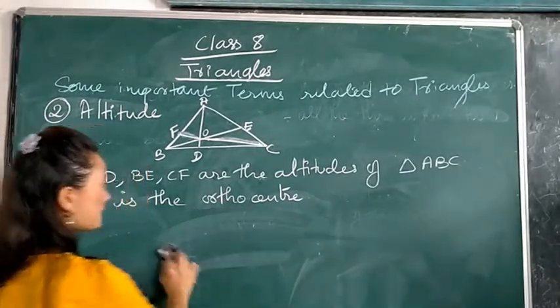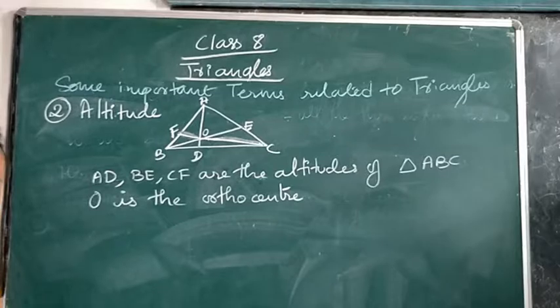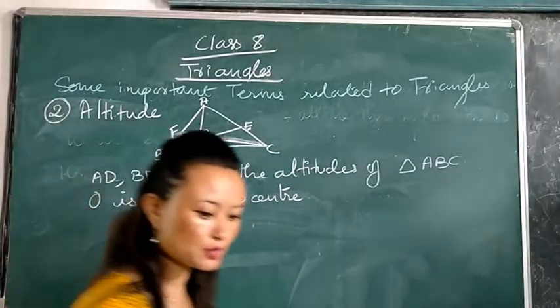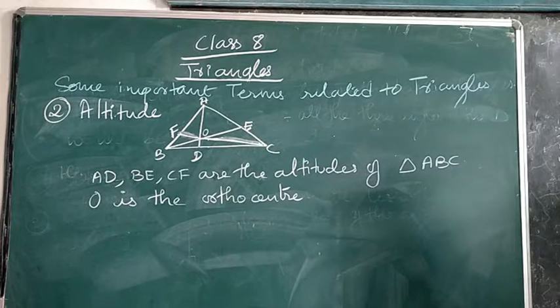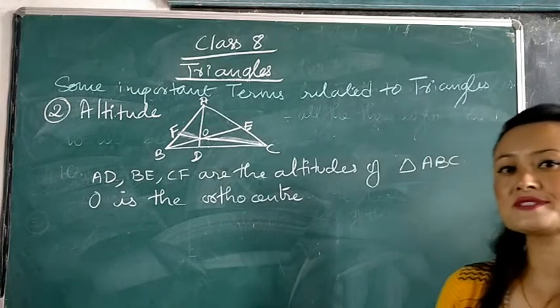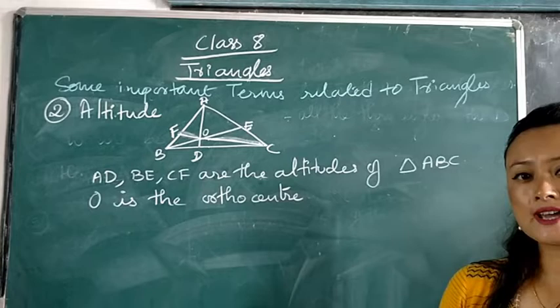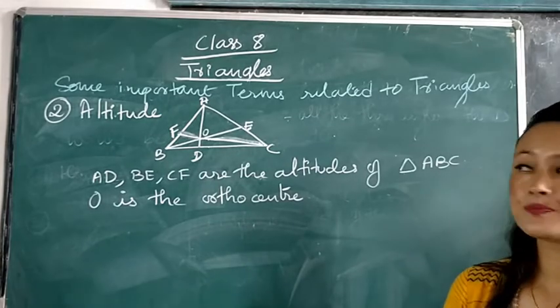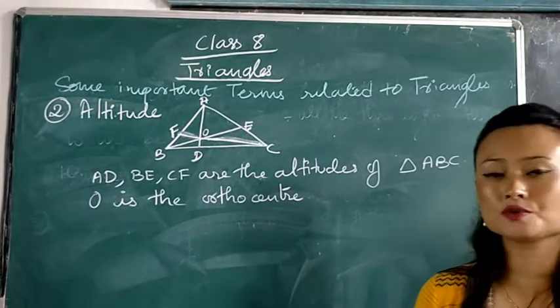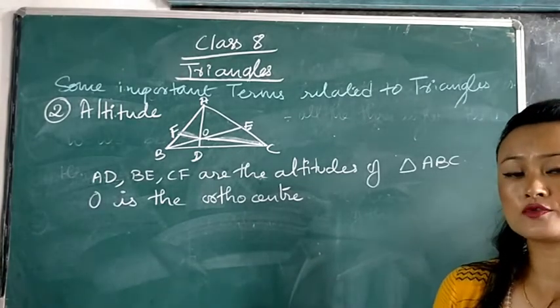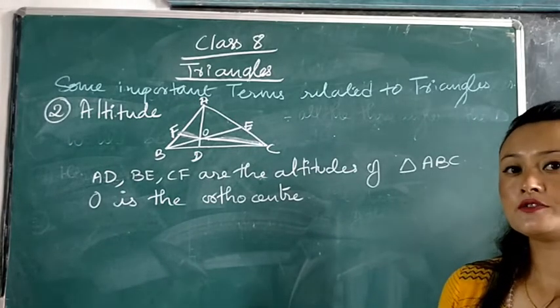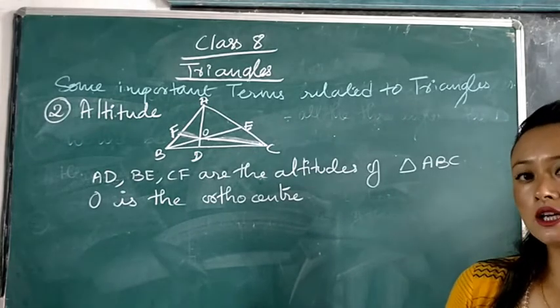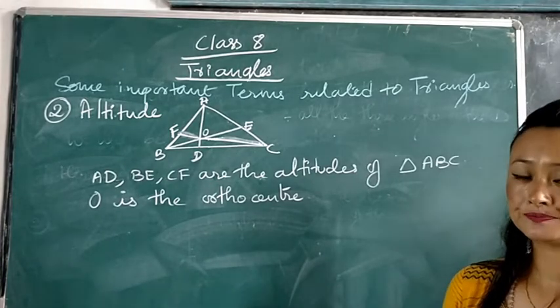So I hope you learned the differences between the altitude and the median. Please do not be confused between altitude and median. As we discussed, a median is a line segment drawn from a vertex to the opposite side of a triangle to divide it into two equal halves, and an altitude is a line segment drawn from the vertex to the opposite side, but it does not divide the side into two equal halves.